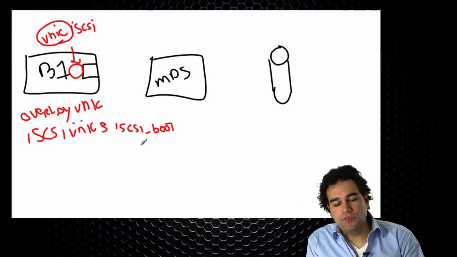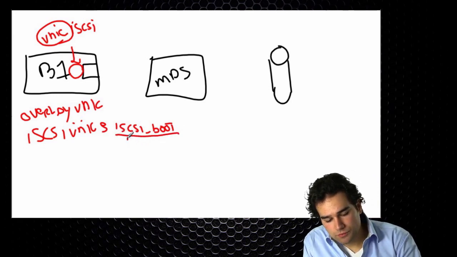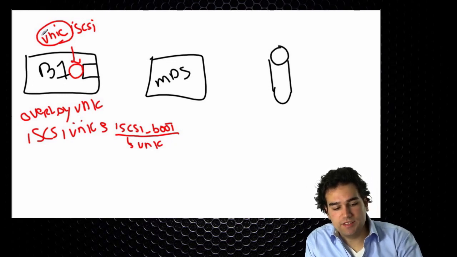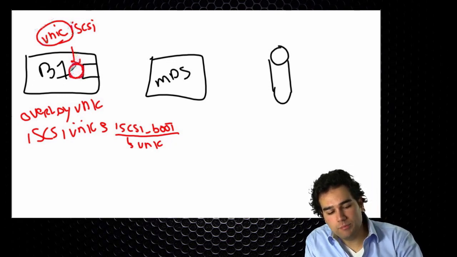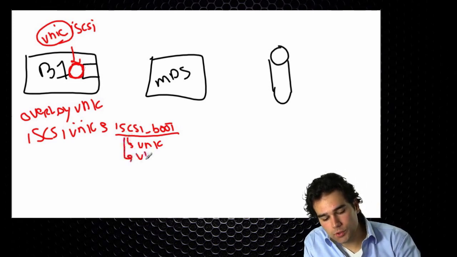The iSCSI boot VNIC determines which VNIC I am using as a source. So that is this guy, that actual PCI bus NIC. What VLAN do I send traffic in?